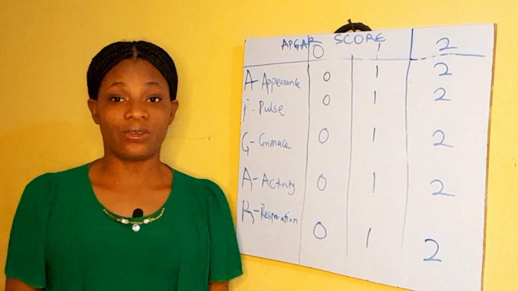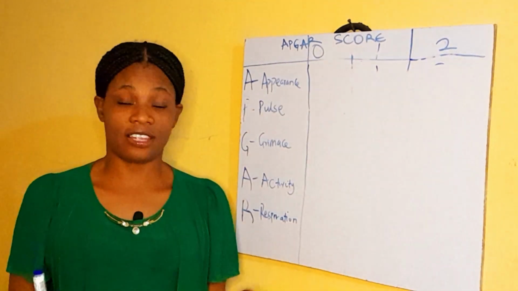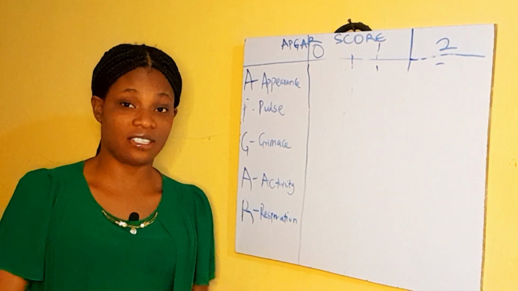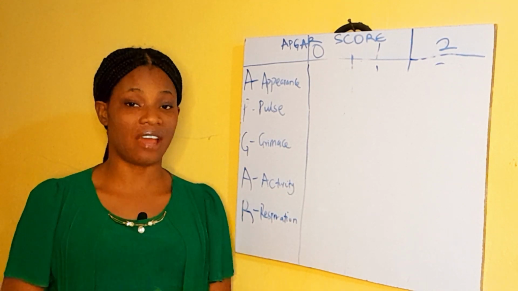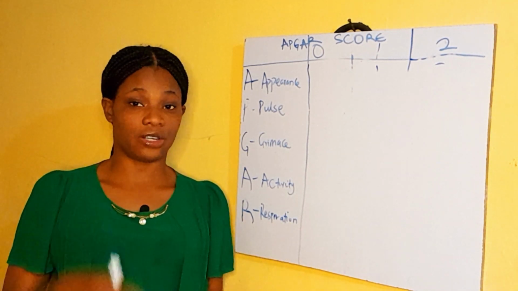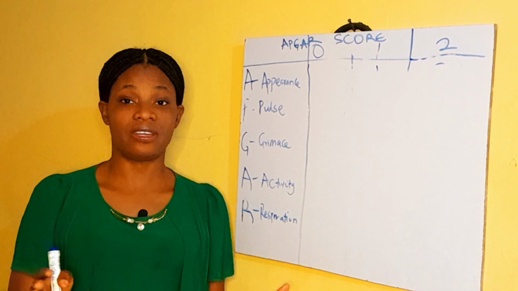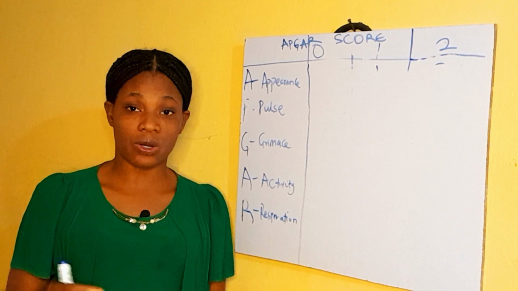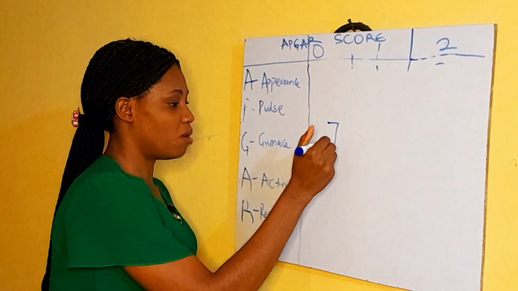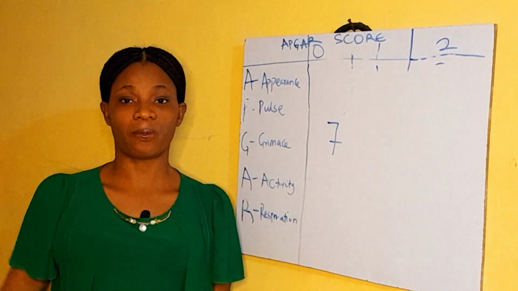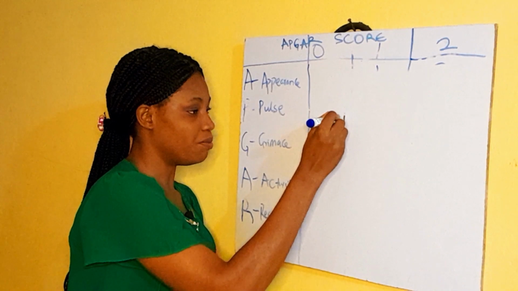So that is how the scoring is done. Don't forget that the assessment is done in the 1st minute of life and also in the 5th minute of life. So if you assess the child in the 1st minute of life and then you add it up, and maybe the child scores 7 in 1 minute, you are going to put it this way: 7 in 1 minute.